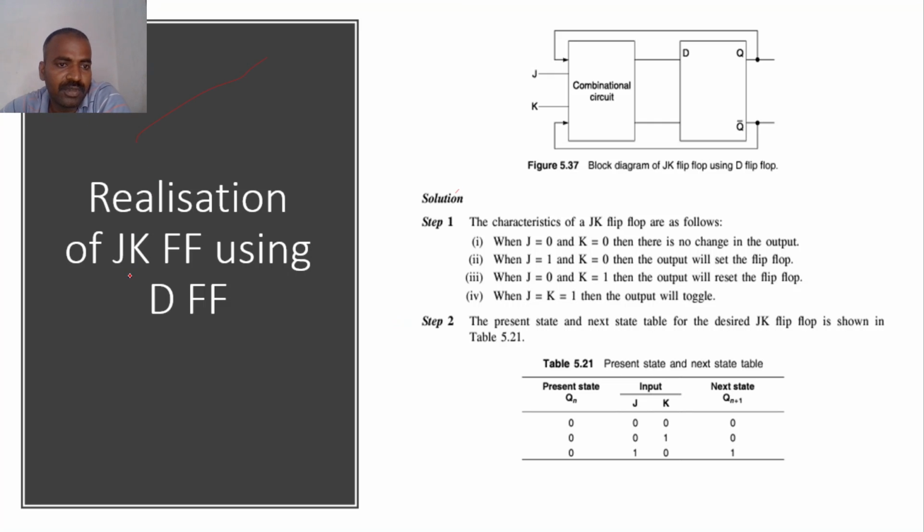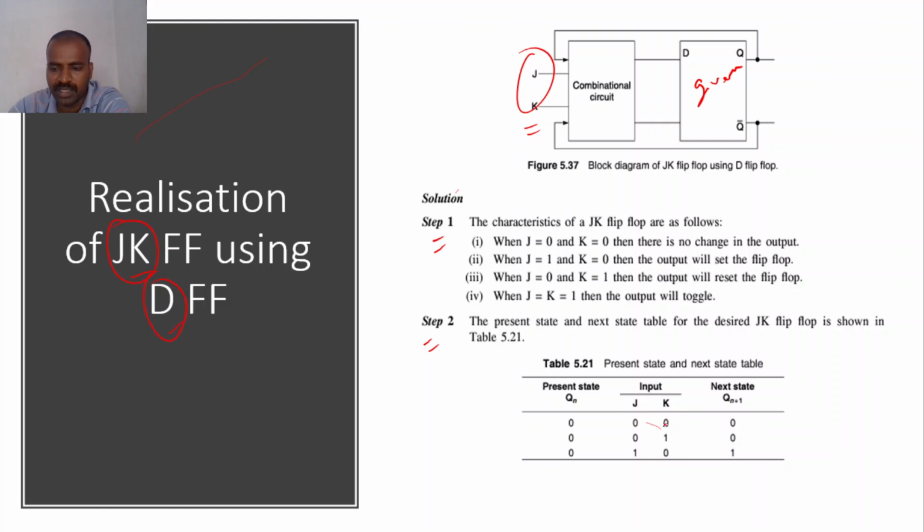The next one is JK flip-flop using D flip-flop. Here the required flip-flop is JK and the given flip-flop is D. First we are going to discuss the characteristics of JK, and in step number 2 we are going to write the present state next state table of this JK flip-flop.